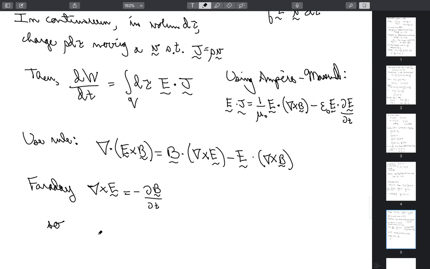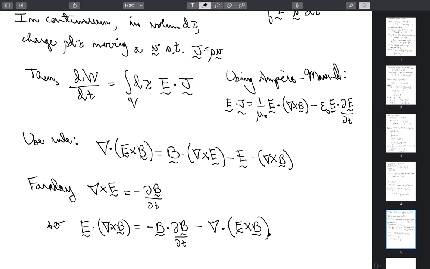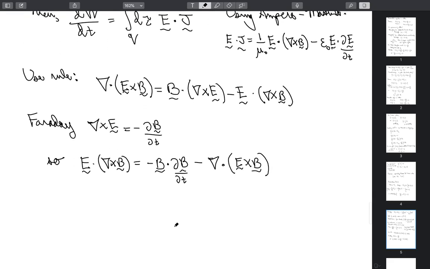So I can write that E dotted into the curl of B, which I'll want to substitute here, is just minus B dotted into dB dt, minus the divergence of E cross B. Now a couple of things.